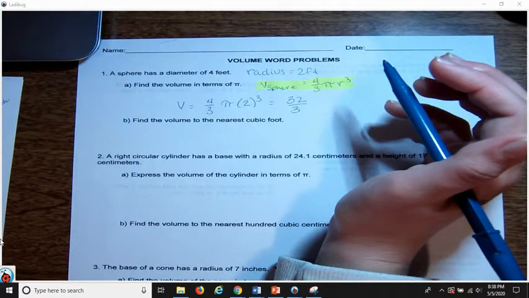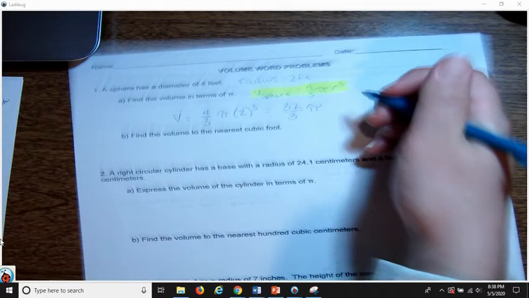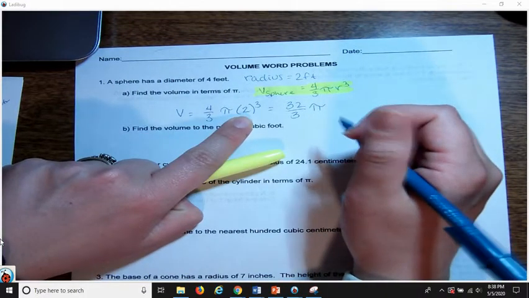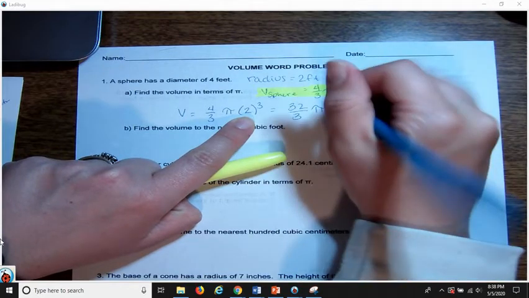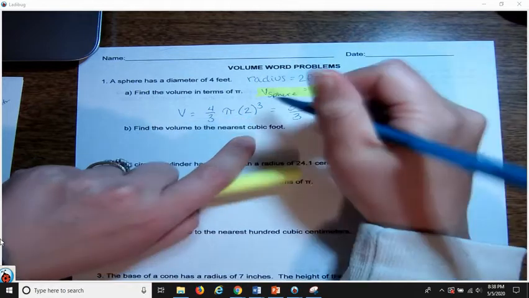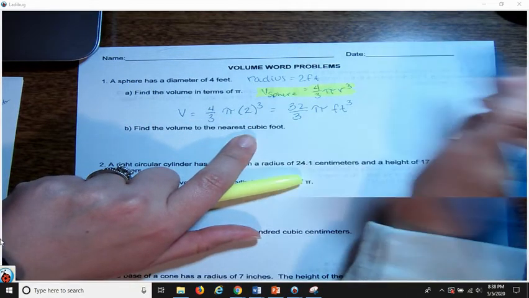And then we have multiplied that by pi as well. And since we cubed our radius, which was in the feet unit, our final units are going to be feet cubed. Yep, so that would be the final answer for this problem.